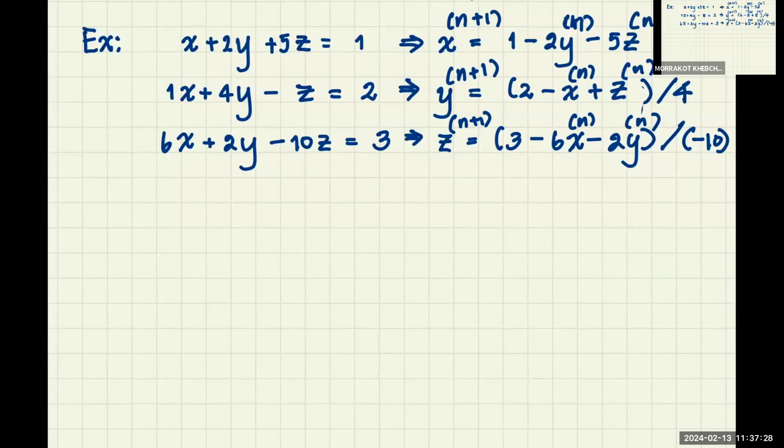Okay, everybody get it? So I will work this one in Microsoft Excel. Let's just make the guess. So maybe x0 is 1, y0 is 1, z0 is 1.